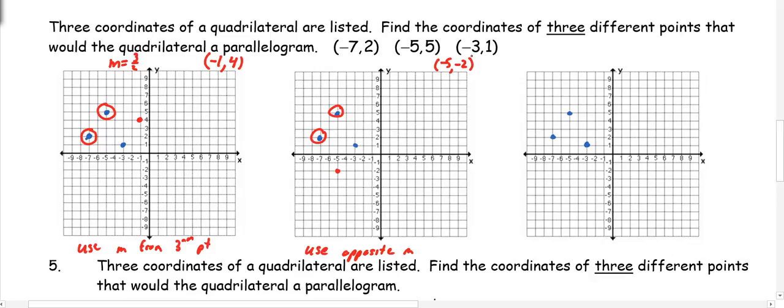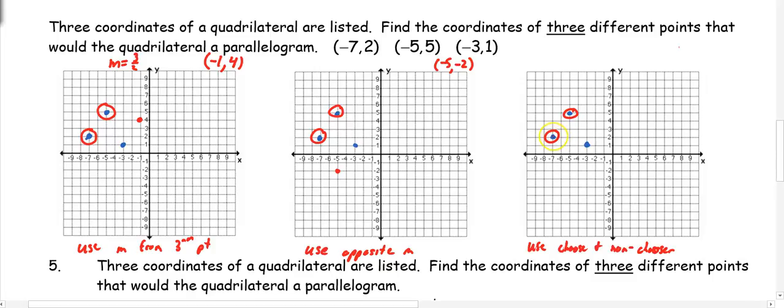And then for the last point, we need to then look at the slope between, we want to use the slope from a chosen and the non-chosen. So I'm going to look at the dot on the left. I'm going to go down 1 and over 4. So from the other circle, I'm going to go down 1 over 4.